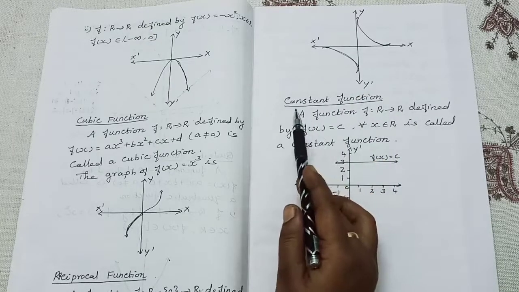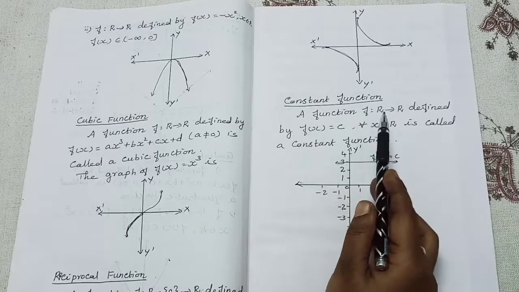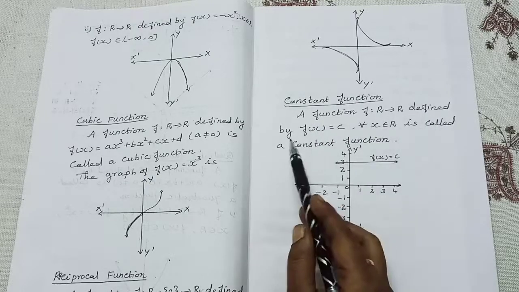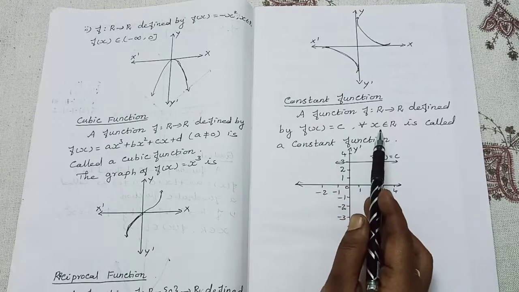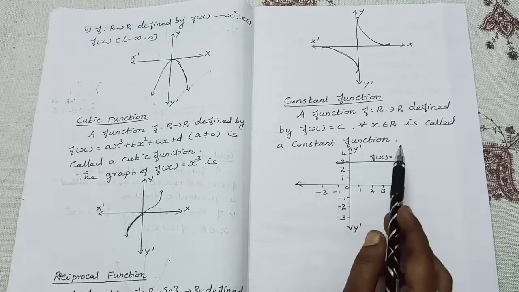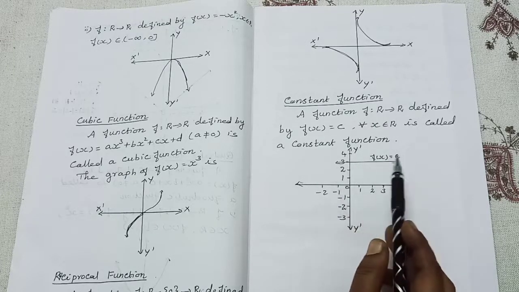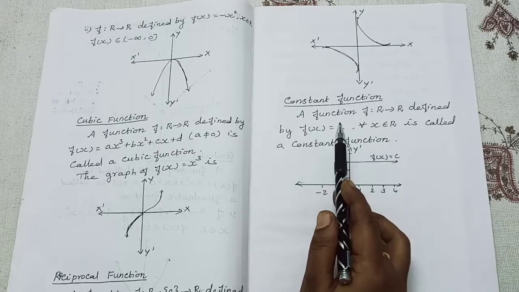Okay, then next one, constant function. A constant function means a function f from R to R defined by f of x equal to c for all x belongs to R is called a constant function. Constant function: f of x equal to c or y is equal to c.